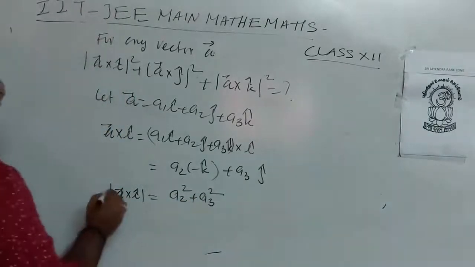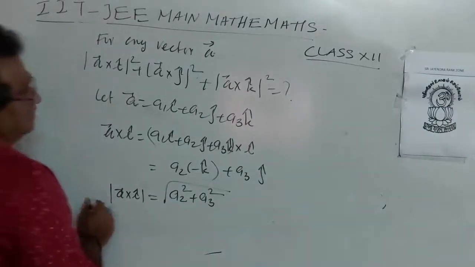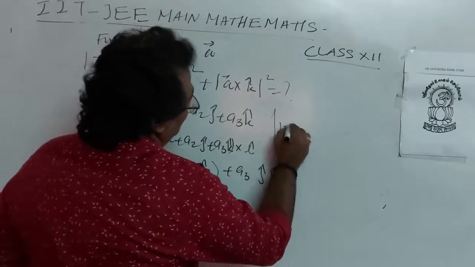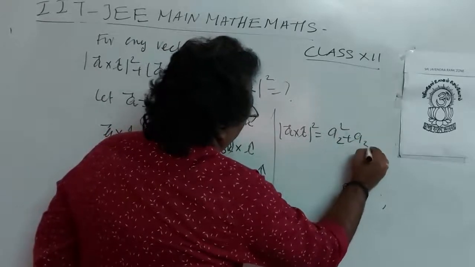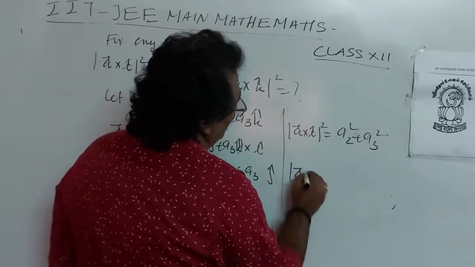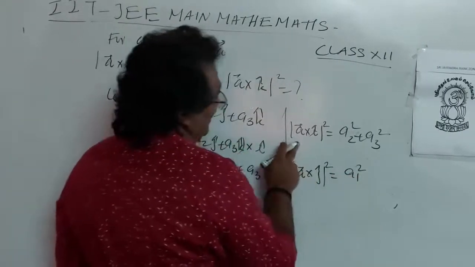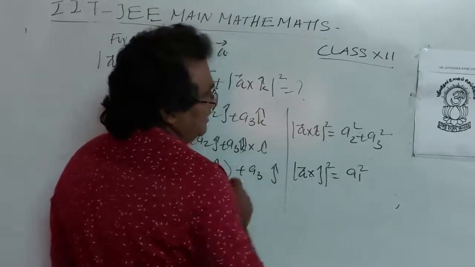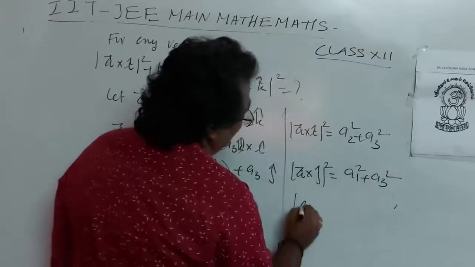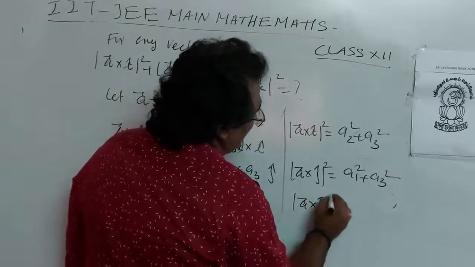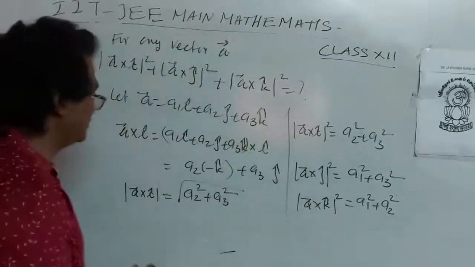So modulus of A cross i is root of a2 square plus a3 square, which implies modulus of A cross i whole square equal to a2 square plus a3 square. If you take cross of the i vector, you don't have a1 term. So A cross j whole square means a1 square plus a3 square. A vector cross k vector whole square means a1 square plus a2 square.